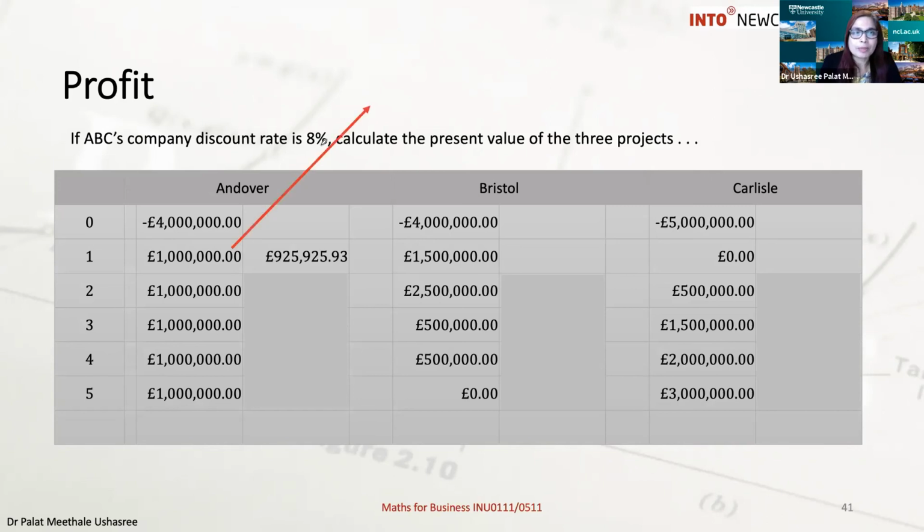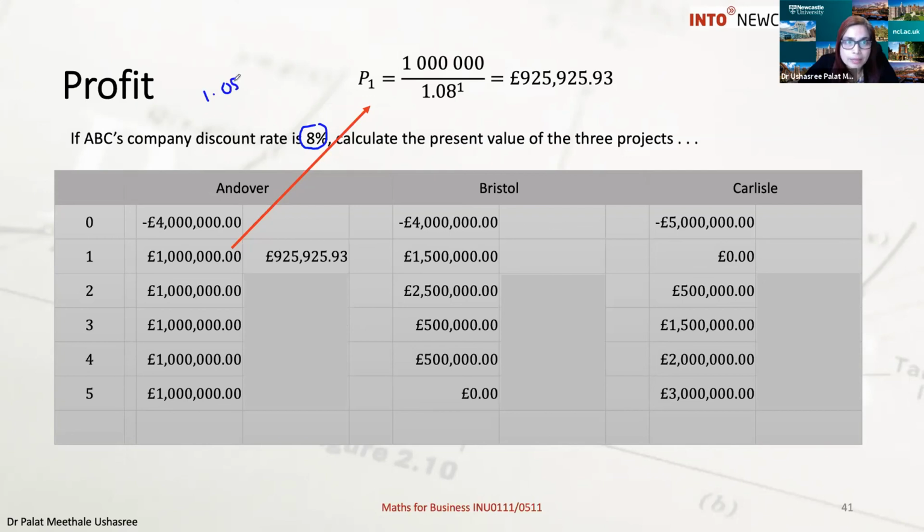Today's value is 1 million divided by, what is my discount rate? 8%. So it's going to be 1.08, because it is just after 1 year, to the power of 1, and I get that.